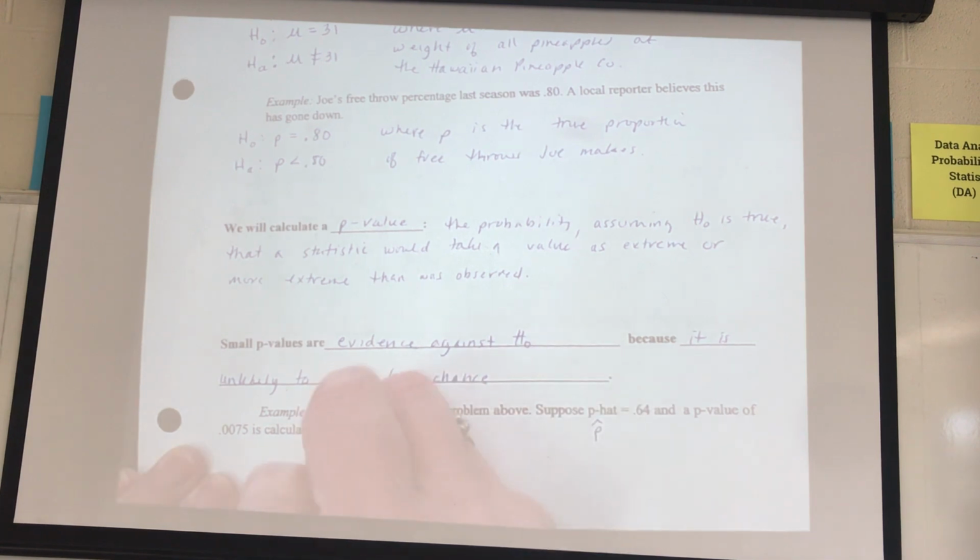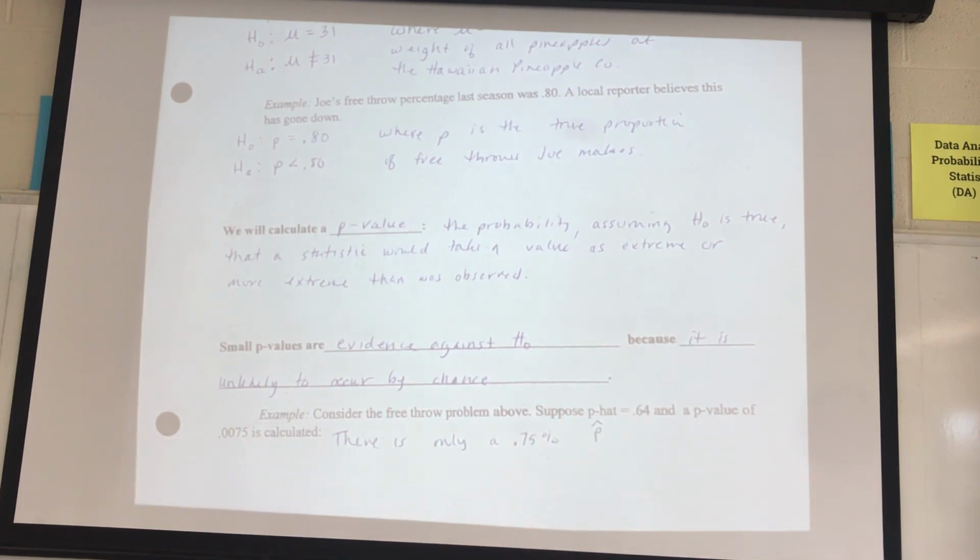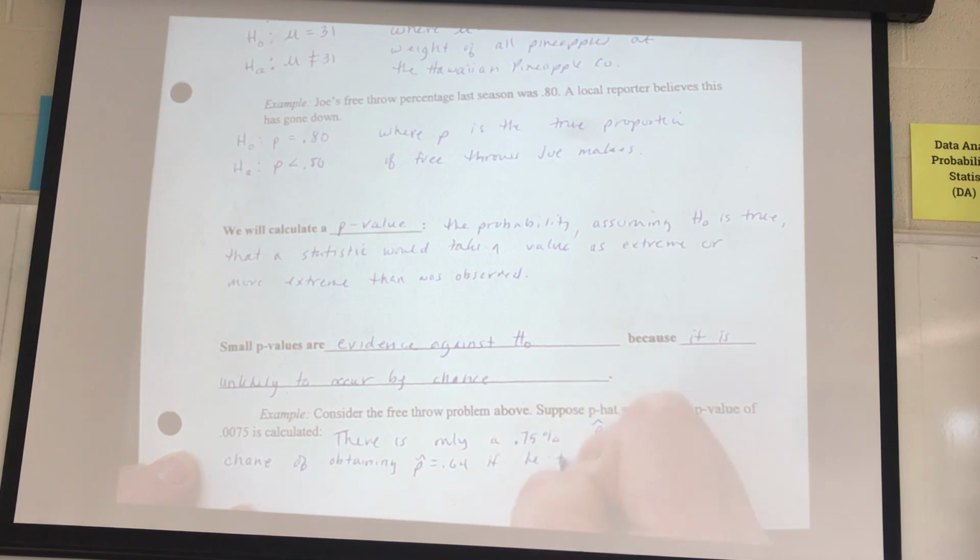It means there is only a 0.75% chance of obtaining the p-hat value if he truly still has a 0.80 free throw probability.